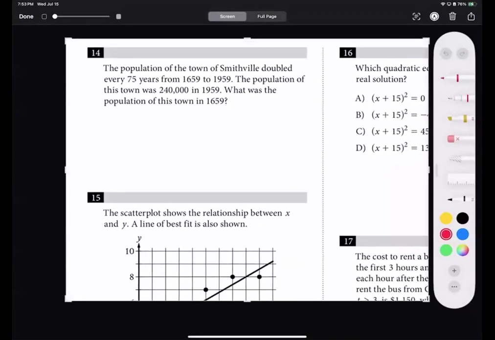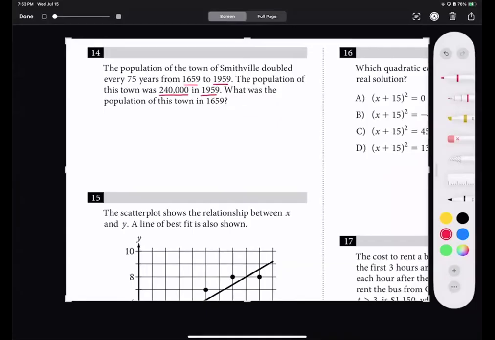So, the population of Smithville doubles every 75 years from 1659 to 1959. The population of this town was 240,000 in 1959. What was the population of this town in 1659?